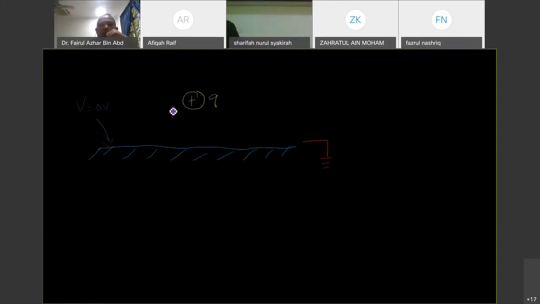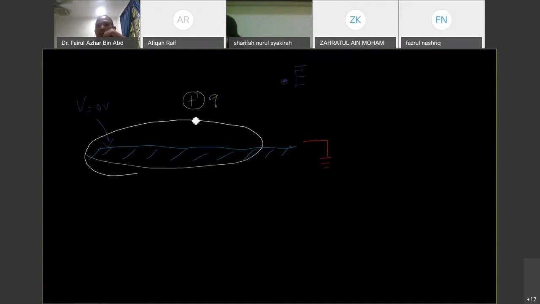So in this case, we cannot use either Coulomb's law or Gauss's law to find the potential or the electric field, because of the existence of the plane. Normally we have one free charge located in free space, but here we have a zero volt plane. Because of that, we need to create a situation that represents almost the same as what we have here.